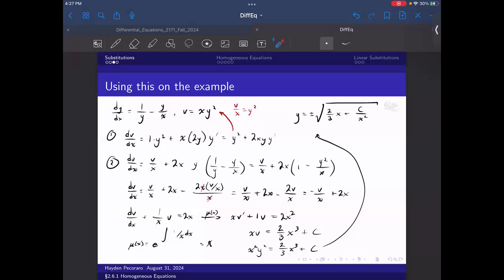V was given to us in the problem. Yeah, there are some ways to find V for certain kinds of problems. Generally, it's going to just take some cleverness to find something that works.